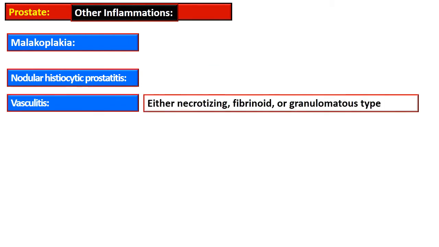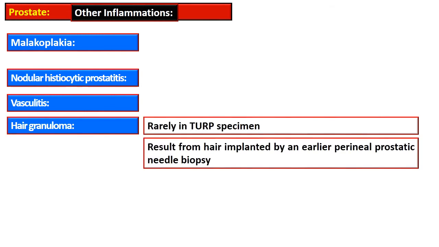Vasculitis is also associated with inflammations within the prostate, and in these conditions the inflammation is necrotizing fibrinoid or of granulomatous type, and it is characteristic of the vasculitis that is associated.